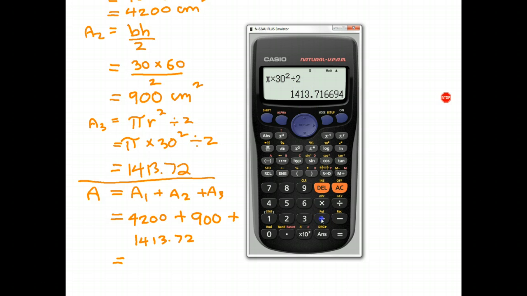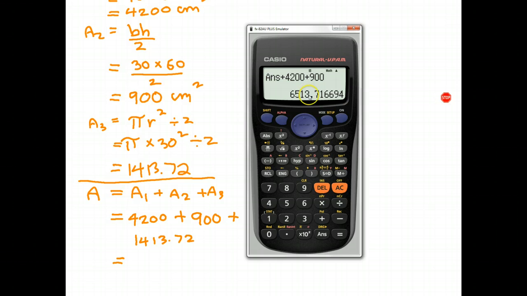So I can go plus 4,200 plus 900. Okay, so the answer I had before, that looks all pretty good. And I need to round it to the nearest whole number. So I'm going to round it to 651.